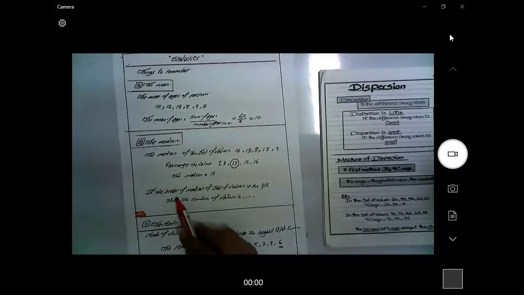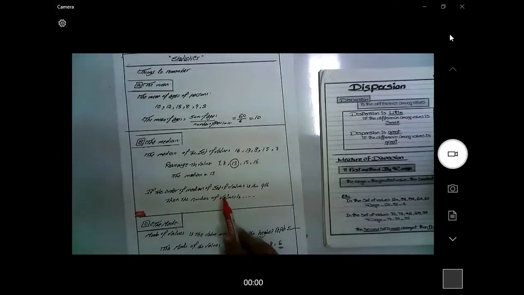For example, if the order of the median of a set of values is the ninth, then what is the number of values?